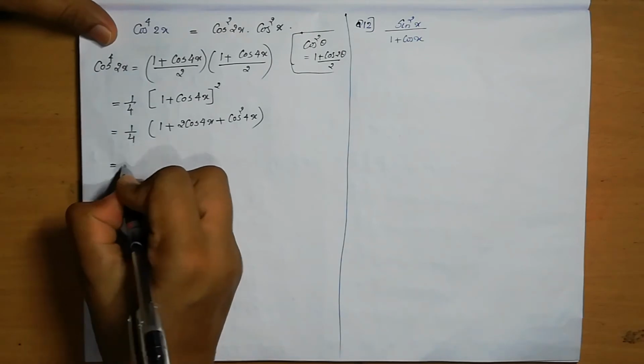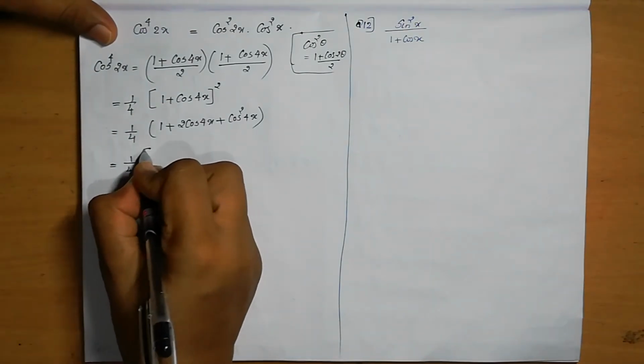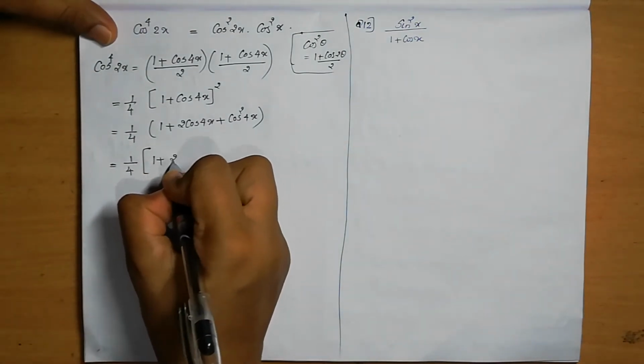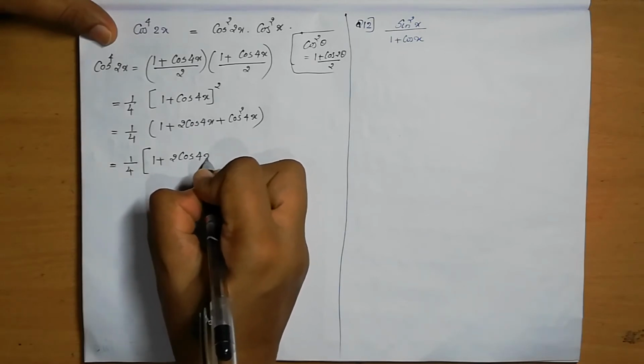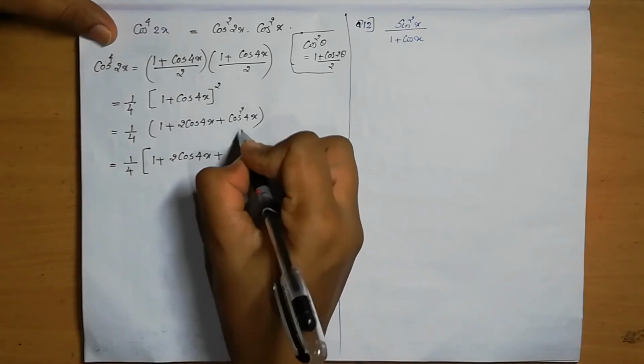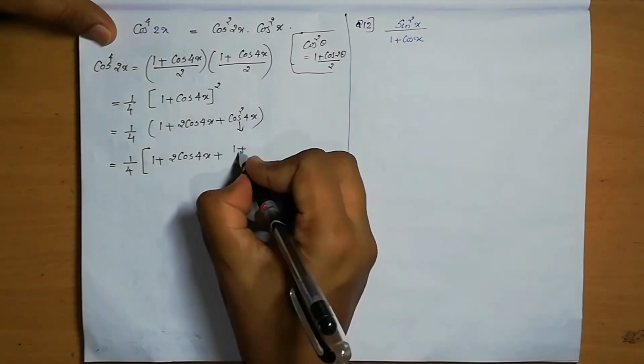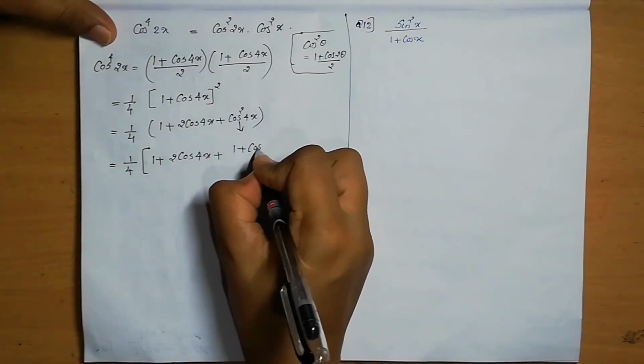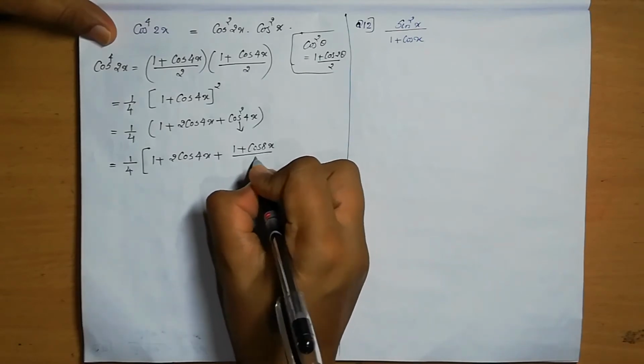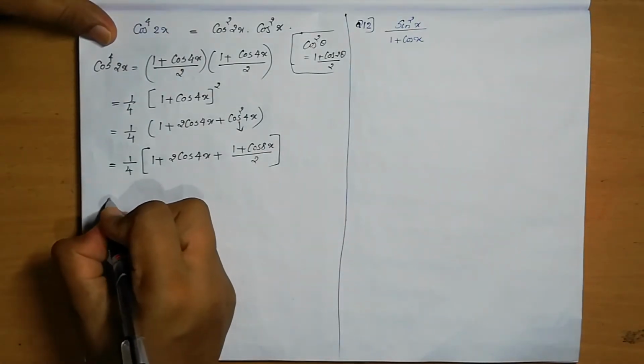So this is equal to 1 by 4 into 1 plus 2 cos 4x plus, this one we can change it as 1 plus cos 2 theta, 2 into 4x is 8x. That means cos 8x by 2 we can write. Now we can split the terms.